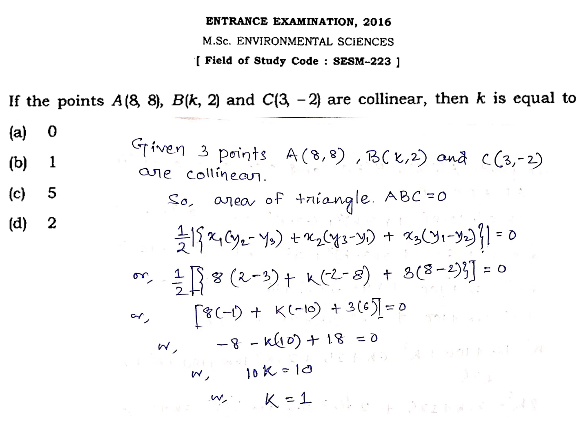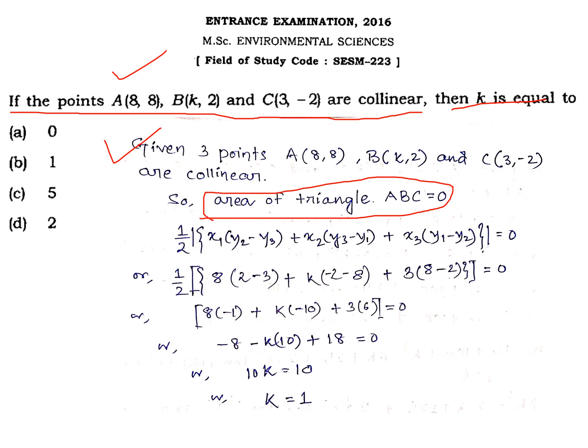Now the fourth question that we are dealing with here is: if the points A (8, 8), B (K, 2) and C (3, -2) are collinear, then K is equal to. There is a well-known property that if 3 points are collinear, the area of the triangle formed by those 3 points is equal to 0.